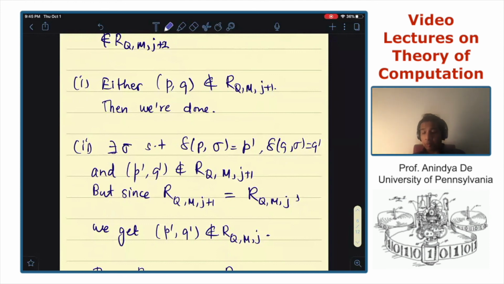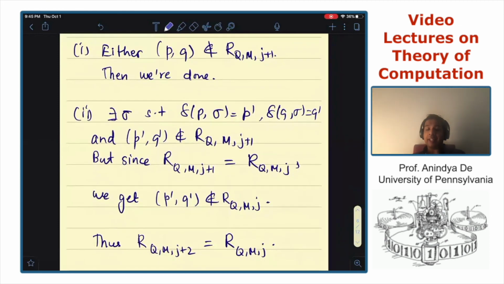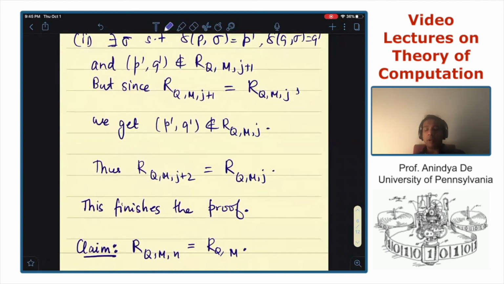Since p prime, q prime is not in R_{Q,M,j}, it would also mean that p, q is not in R_{Q,M,j+1}. Okay, so that would imply that again p and q have the same status with respect to equivalence classes in R_{Q,M,j+2} versus R_{Q,M,j+1}. Thus we get that R_{Q,M,j+2} equals R_{Q,M,j+1} equals R_{Q,M,j}, thus finishing the proof.